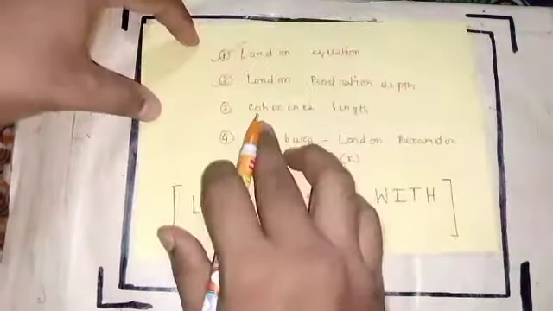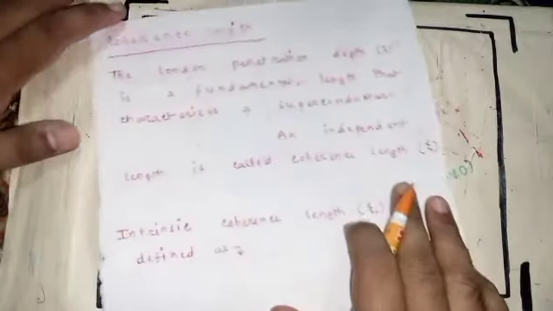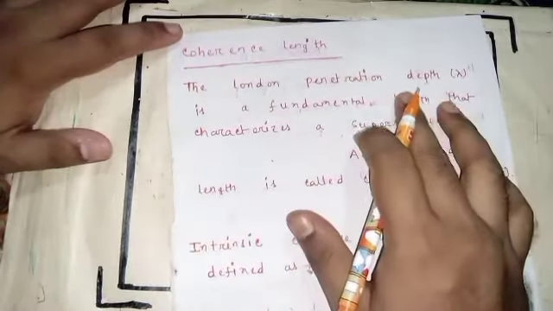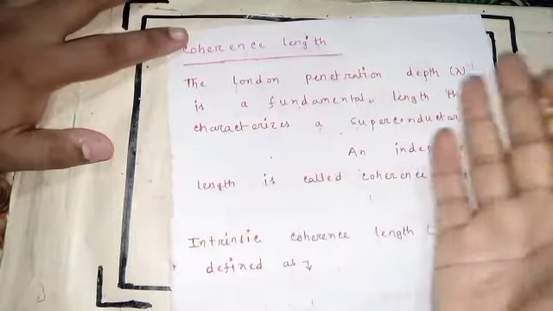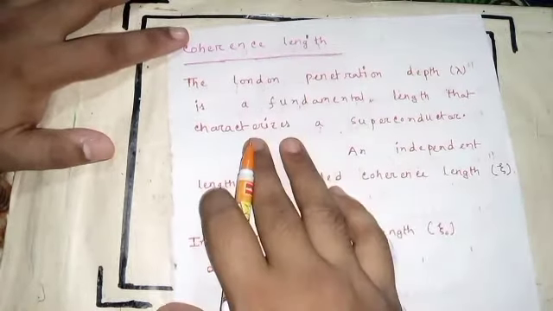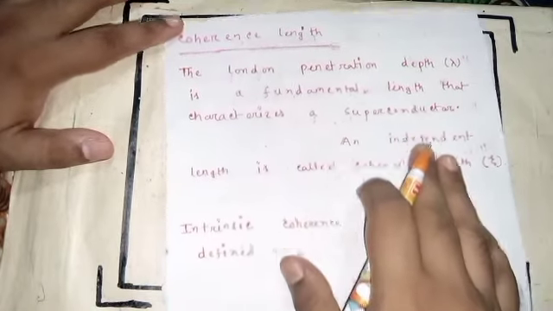So our next topic is coherence length. The London penetration depth is a fundamental length that characterizes a superconductor.